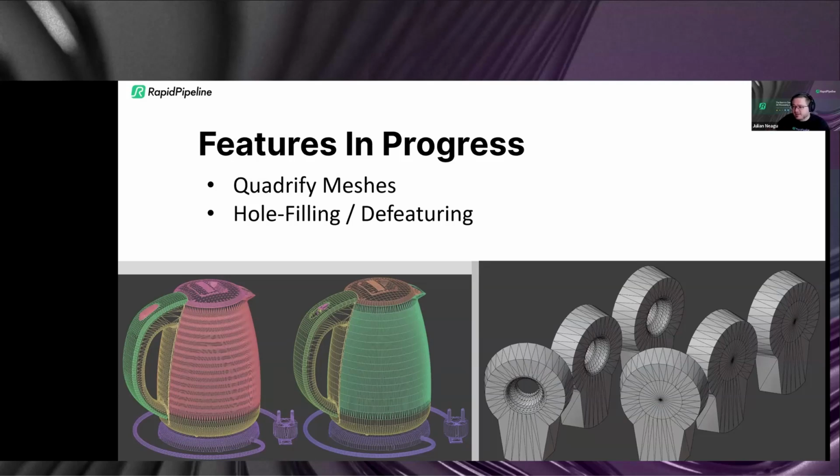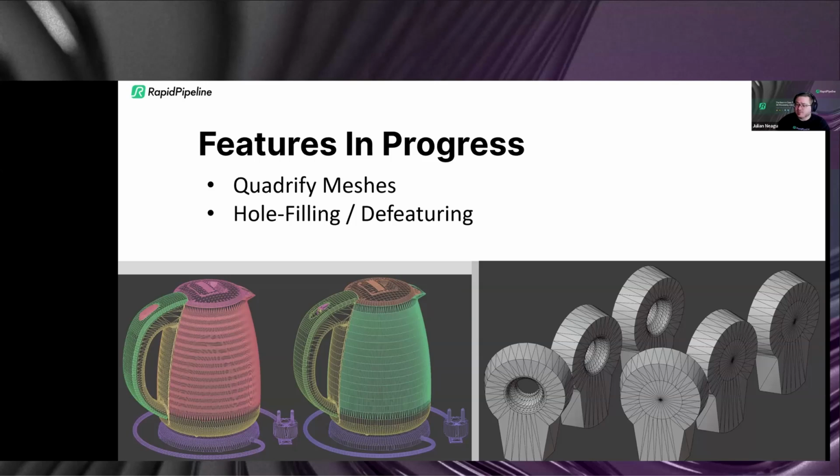This is maybe more important on the DCC side, when we have the same kind of plugin interface and the same processing options in Maya or 3ds Max before we go into Unreal. There you have an easier life manipulating when you have at least quad-dominant topology.